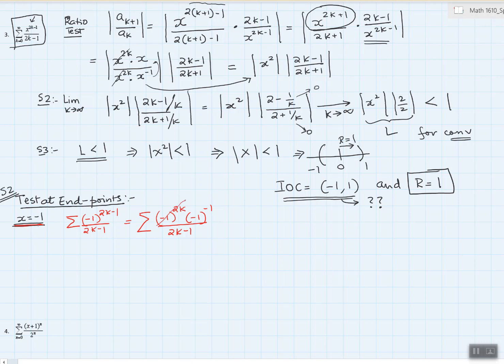Now 2k is even, so -1 raised to the power 2k will always be +1, whereas -1 raised to the power -1 is -1. So I'm left with -1 over 2k minus 1. Now we are in chapter 10. This is the kind of series we used to see in chapter 10. So the question is, does this converge?